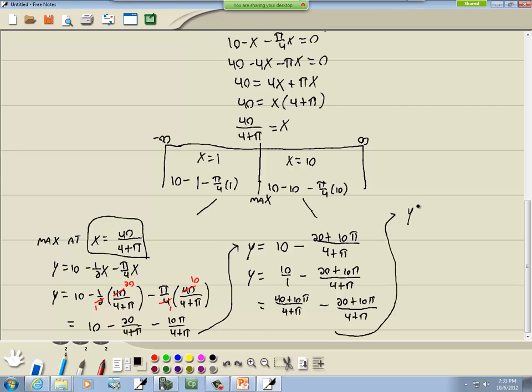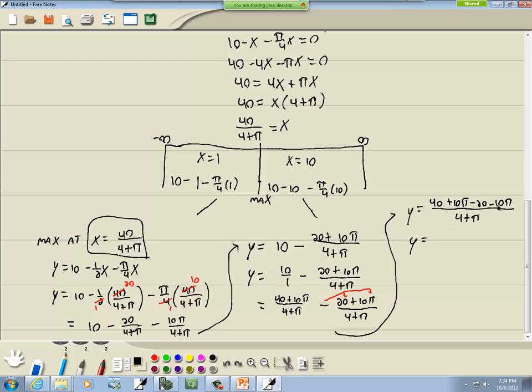Now we want to merge those into a single fraction. And remember, if you have a negative out in front of your fraction, it flips the sign of everything inside. So flip the sign of everything up on top. Sorry, I'll wake up here eventually. So we got 40 plus 10 pi minus 20 minus 10 pi over 4 plus pi.